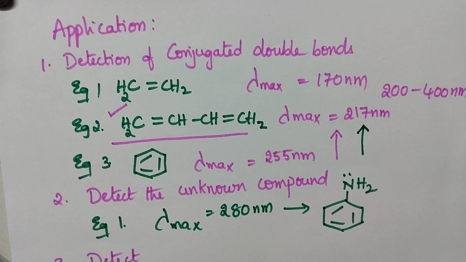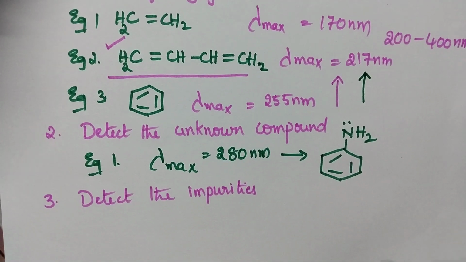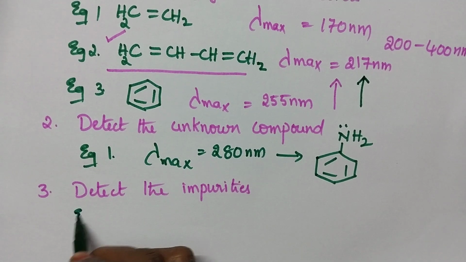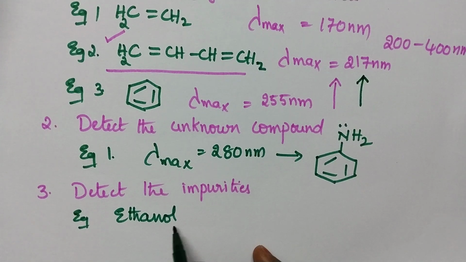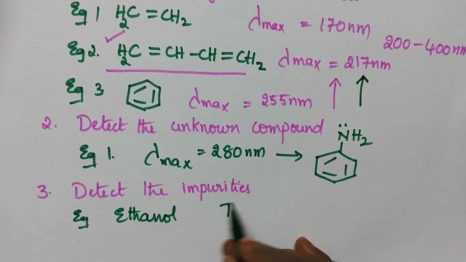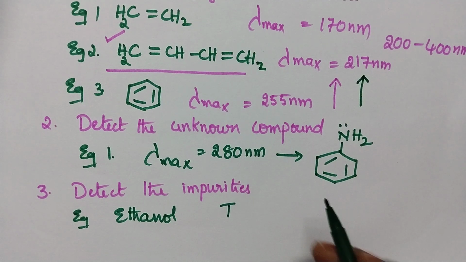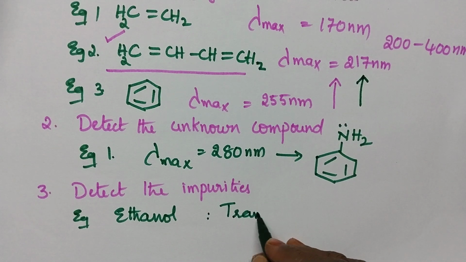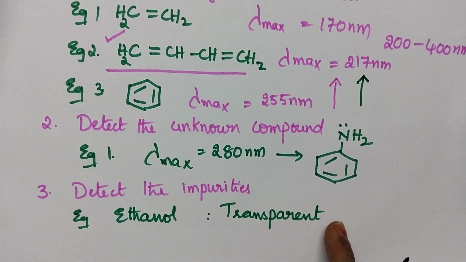Similarly, it is possible to detect the impurities present in a given compound, especially if we consider ethanol as the solvent. Ethanol shows no characteristic absorption in 200 to 400 nanometers and hence it can be called transparent in the UV region.